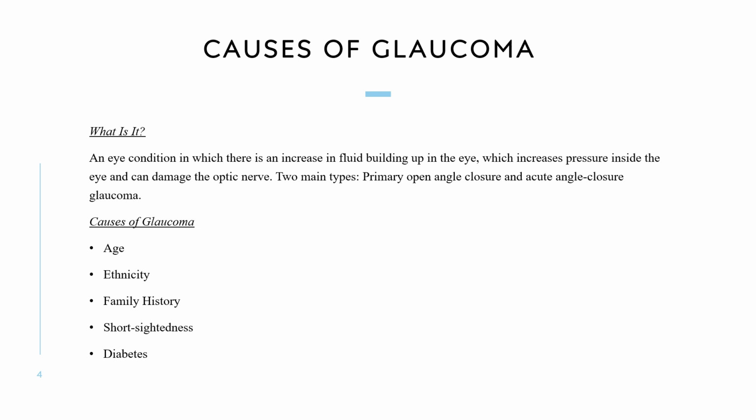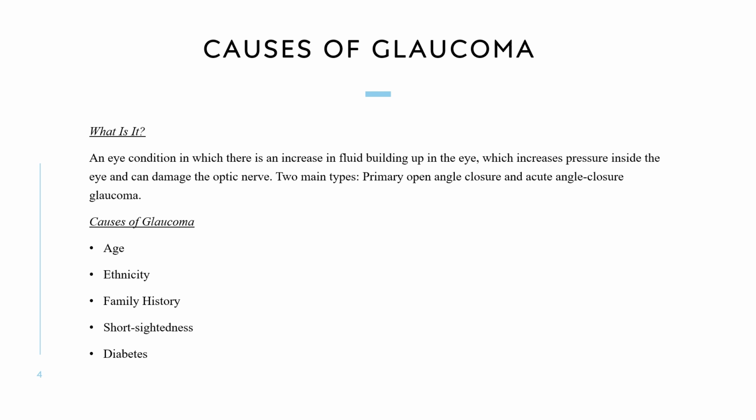In terms of the causes of glaucoma, of course, there are many different causes, but I've listed some of the key ones there on the slide. As you increase in age, particularly as you get into your 70s, glaucoma becomes much more common. Ethnicity is also a risk factor. There is evidence to indicate that people of Afro-Caribbean background or from an Asian background are more at risk of glaucoma.